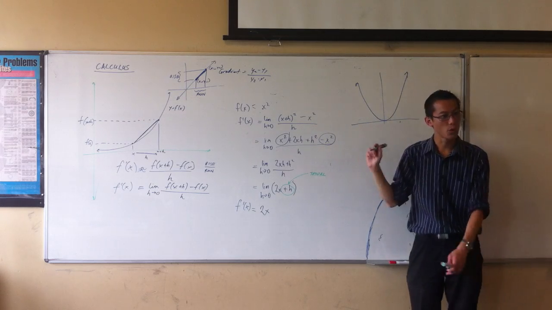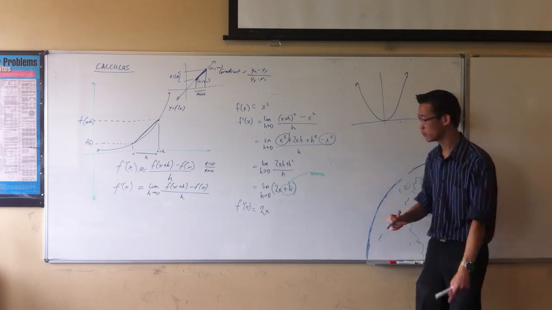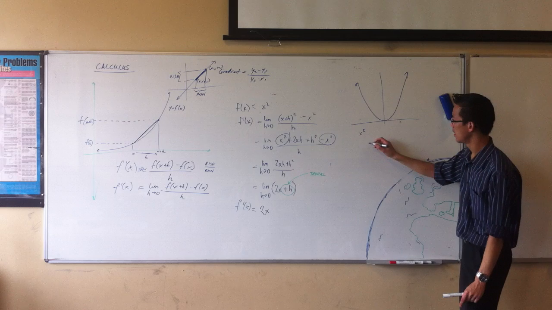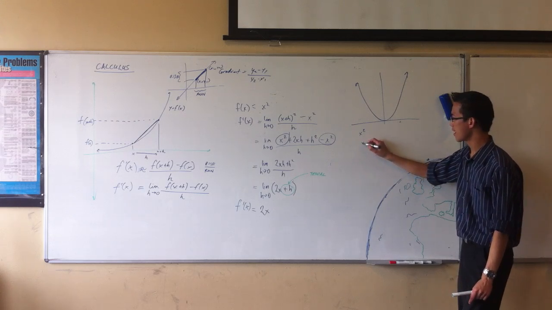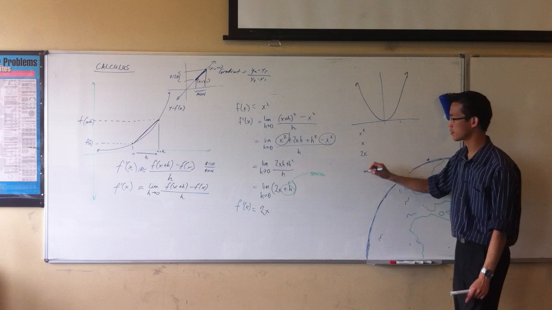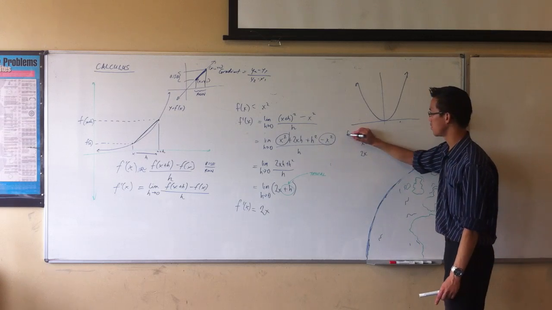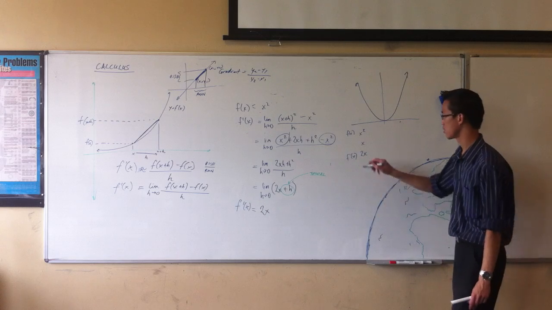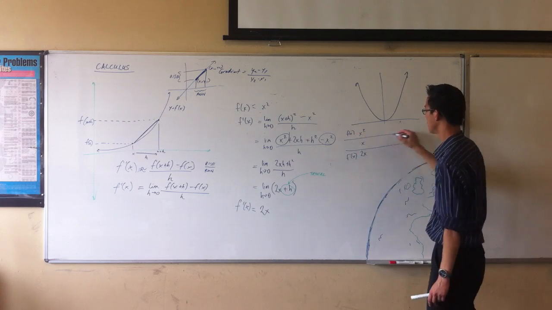I'm going to get you to draw with me a really small table, which has x squared, the function, x, and 2x. So this corresponds to f of x and f dash x. Let's put this together in the table.